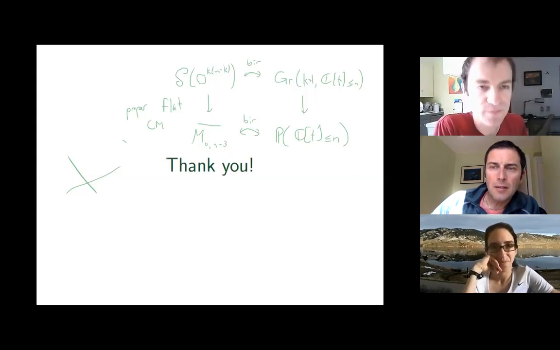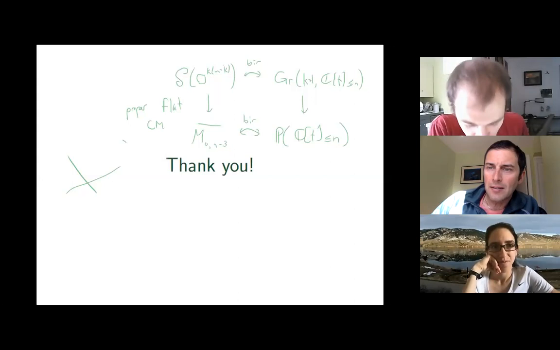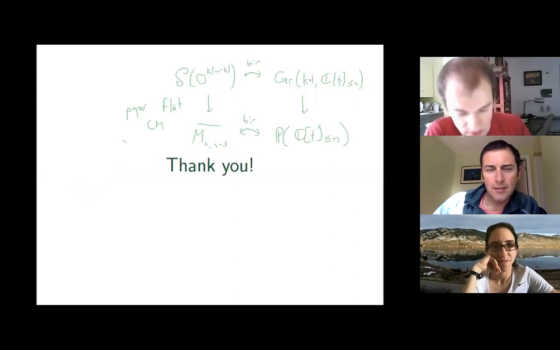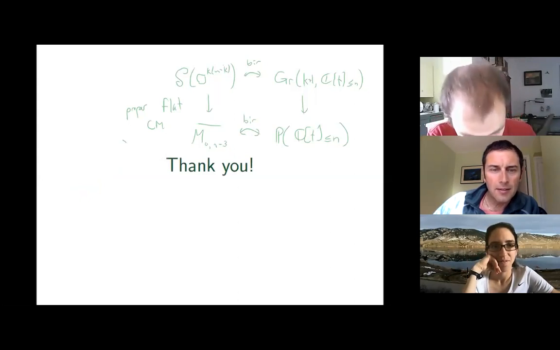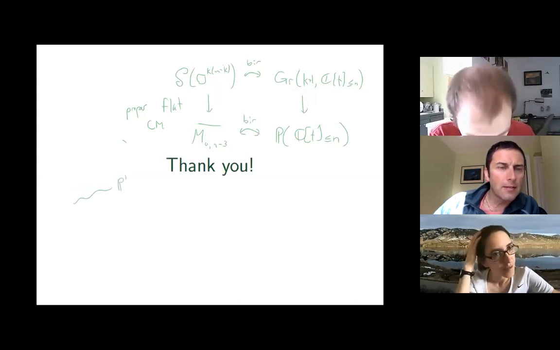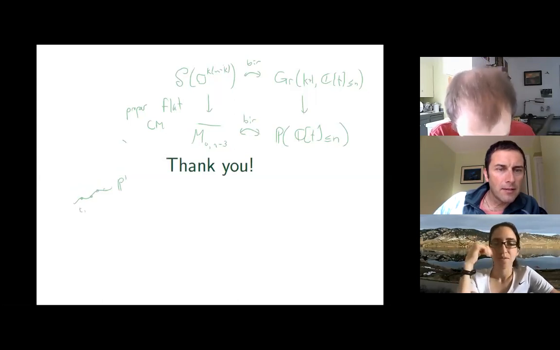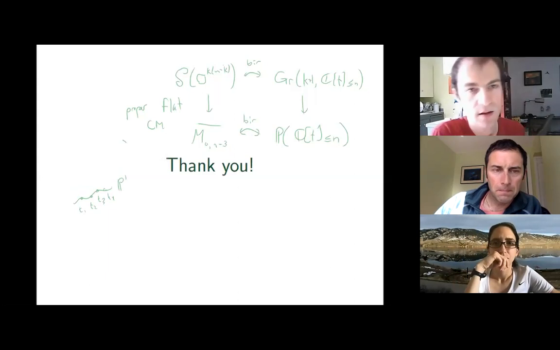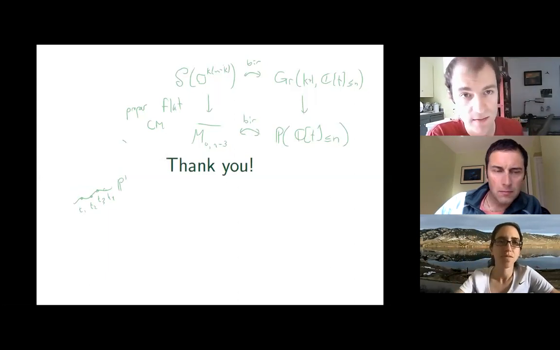Yeah. I can draw you one more picture here if you're curious, Renzo. Okay, let's stick with green. So here is T1, T2, T3, T4. So we have our roots of our Wronskian.